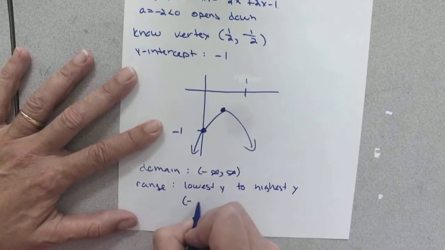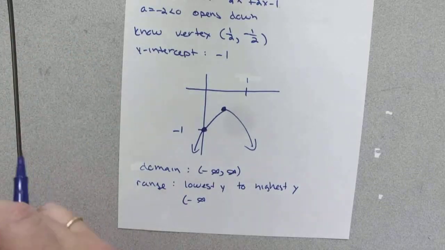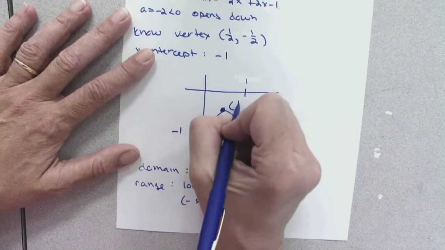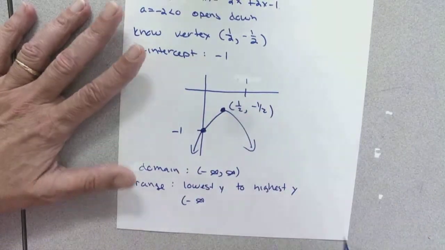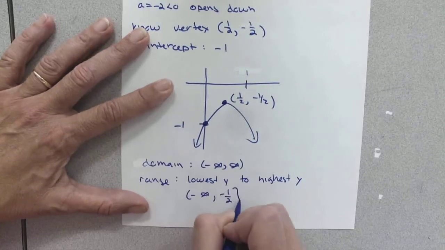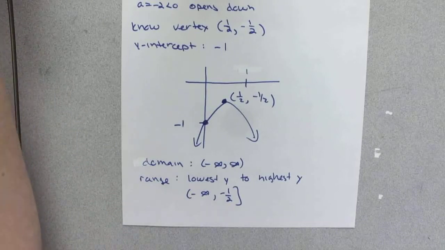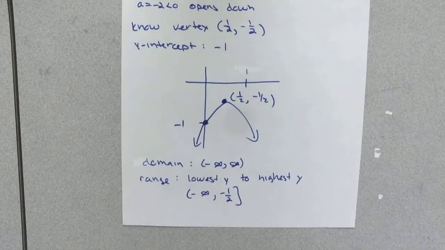Well, it's going down forever, so lowest is going to be negative infinity. Then my highest is going to be that vertex point right there, which is 1/2, negative 1/2. And so my highest y-coordinate is negative 1/2, and it gets a square bracket. And there's our last graphing problem for today.